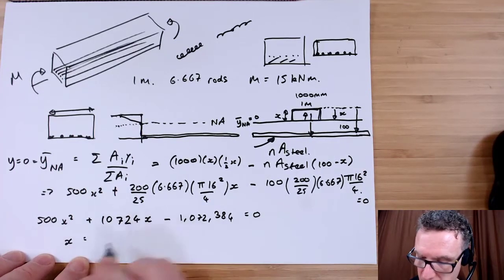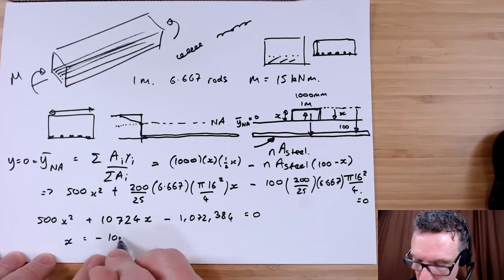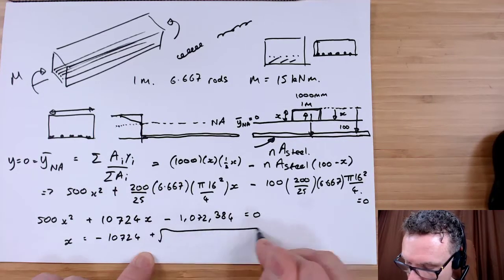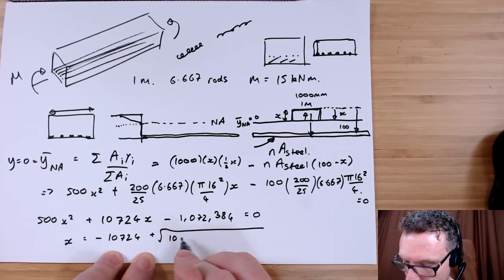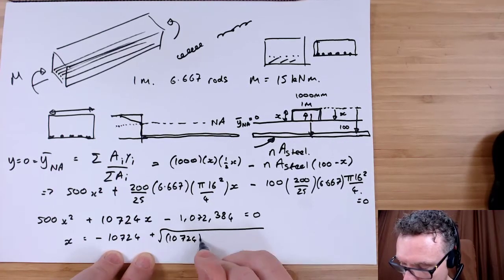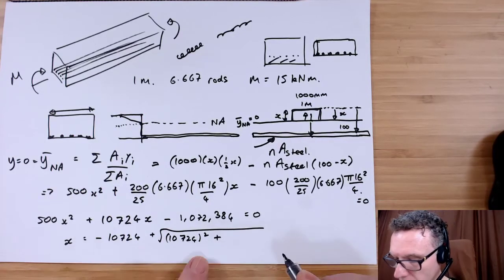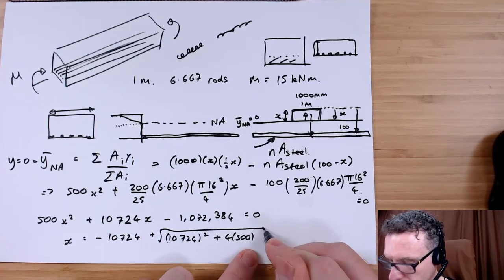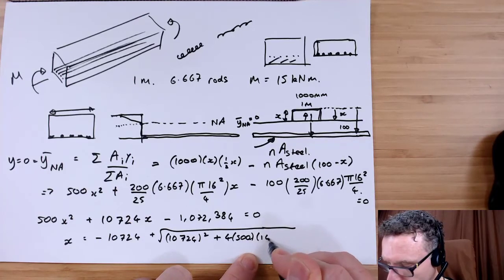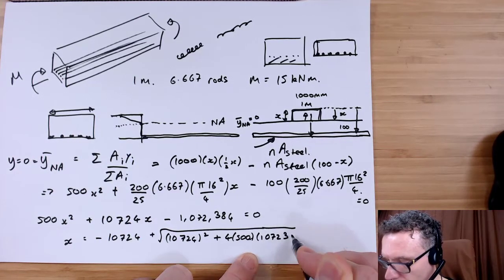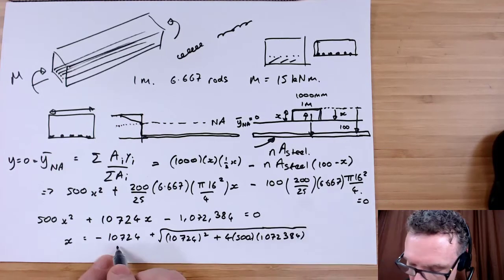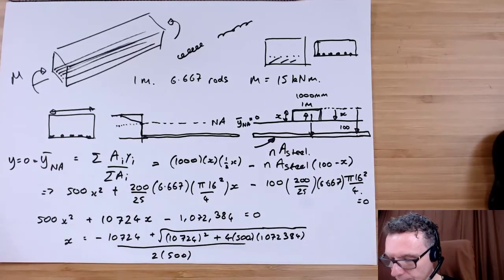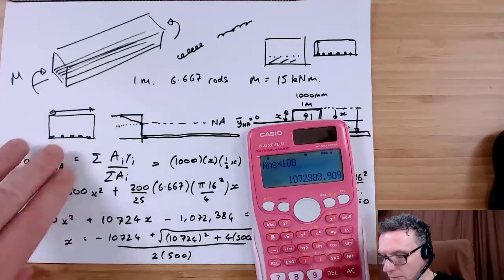X equals minus b, so minus that number, plus or minus has to be plus, plus b squared take away, so that's going to be plus 4ac divided by 1,000. Right.